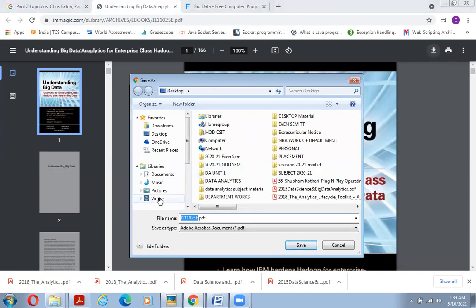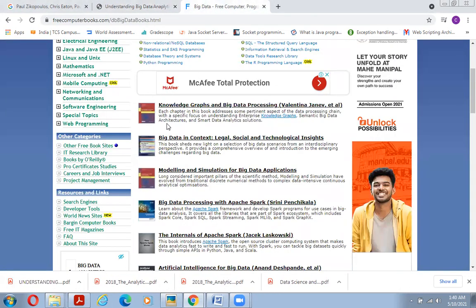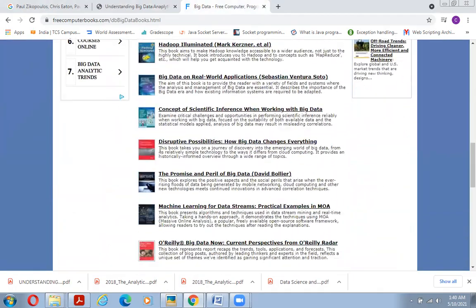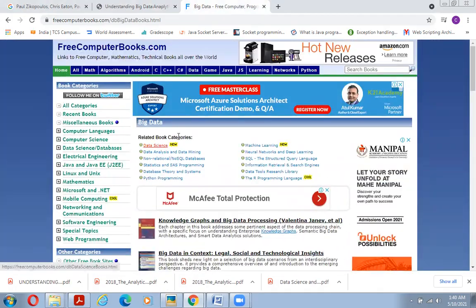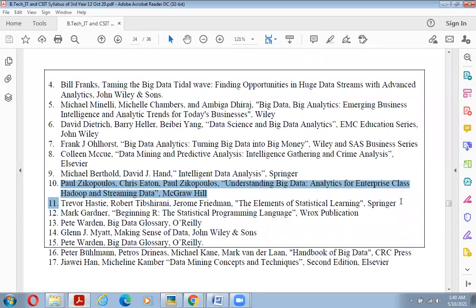If we want to study, we have our resources in front of us on the internet. And this is the platform, freebooks, computerbooks.com. You can access any books from here when there is a topic you are not able to understand. I believe whenever we are not understanding, we should refer to our books.